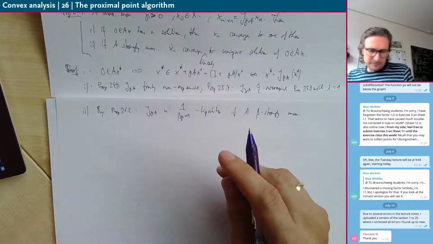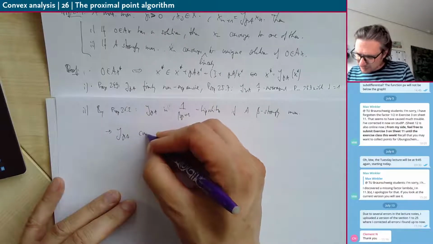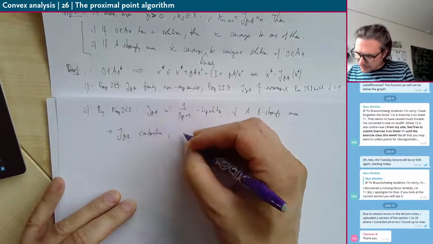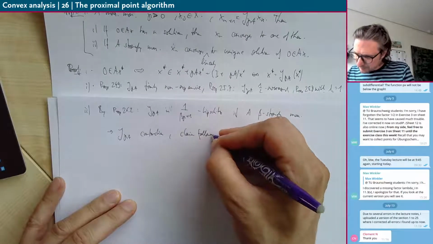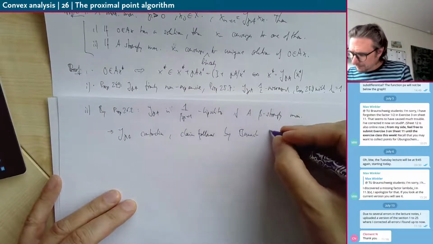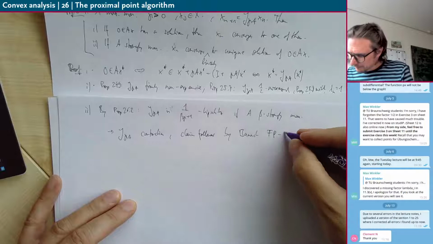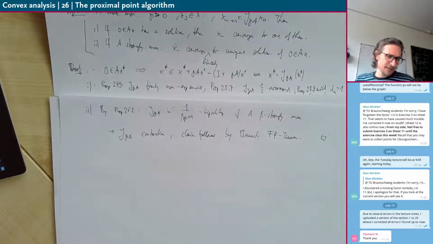And so this means that J_{gamma A} is a contraction, and the claim follows by Banach's fixed point theorem. Okay, that's it.